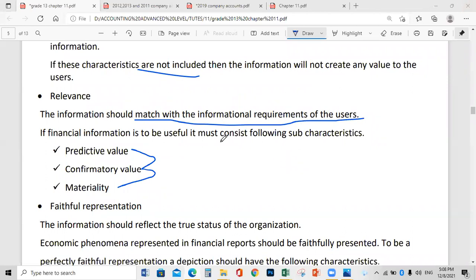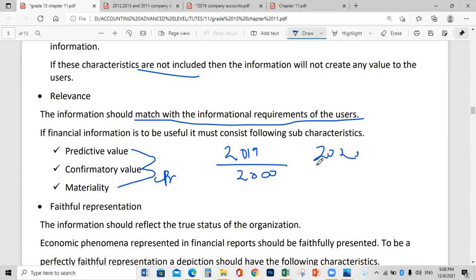The company says in the financial statements that the 2019 profit is 2,000 rupees, the 2020 profit is 1,900, and the 2021 profit is 1,800. Can you tell me what you will predict about this company's future? Predict means you should be able to see the future based on the information they are giving.